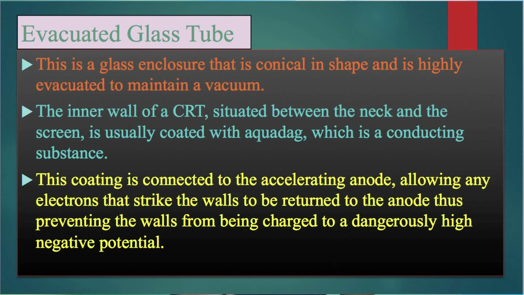This coating is connected to the accelerating anode, allowing any electrons that strike the walls to be returned to the anode, thus preventing the walls from being charged to a dangerously high negative potential.